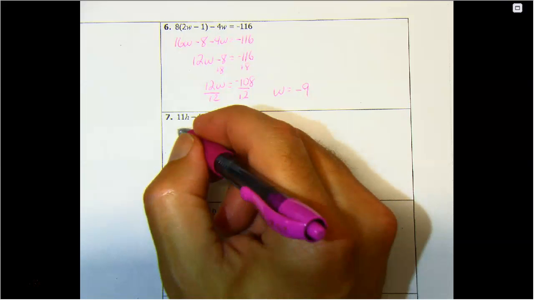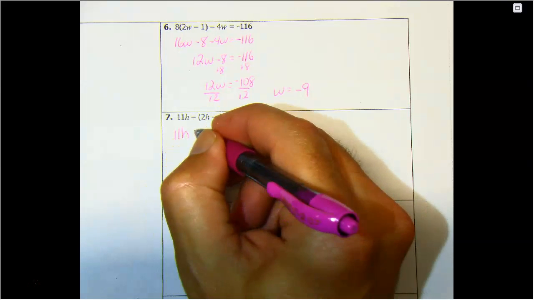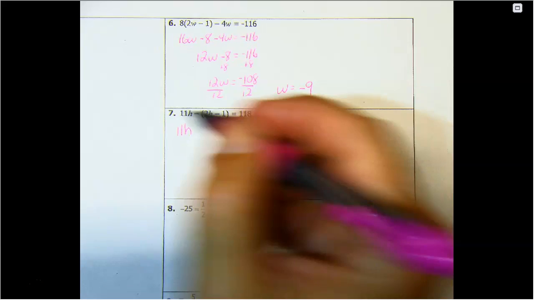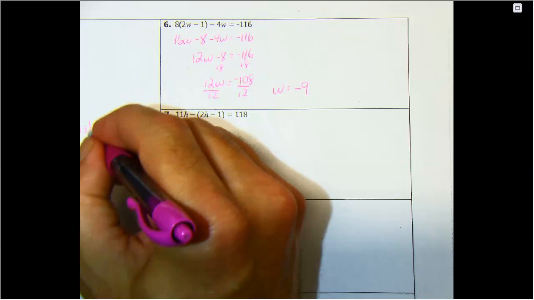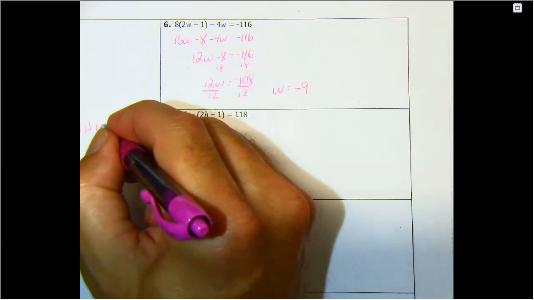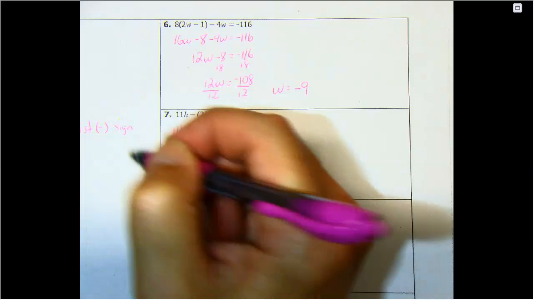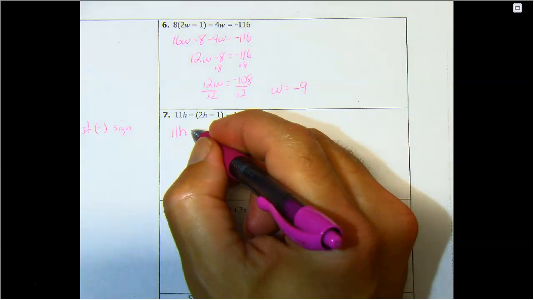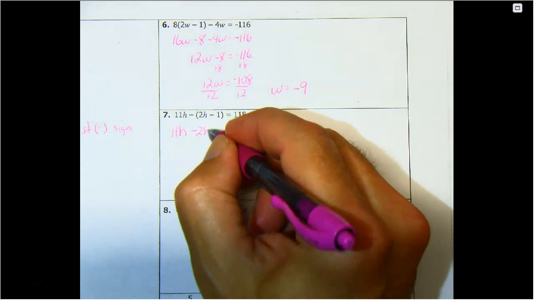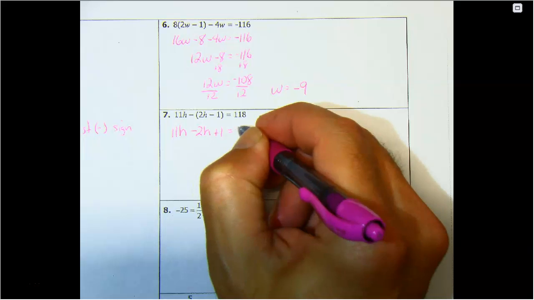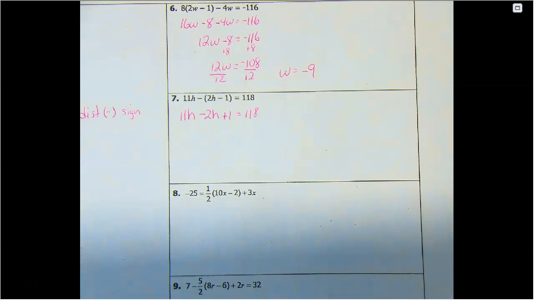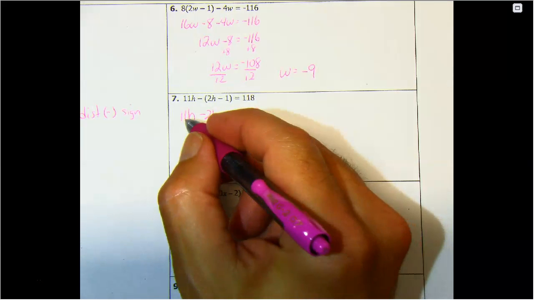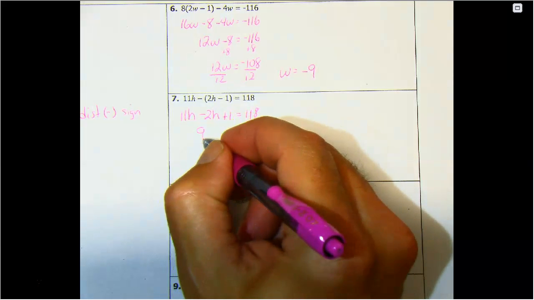All right. This is another one where we have to remember to distribute the negative sign. Here, I got that note out here. So remember to distribute negative sign. Negative 2h and a positive 1 when I do that. All right, we'll start ratcheting it up. We'll start doing multiple operations on a step. Meaning I'm going to take 11h minus 2h. That's going to give me a 9h.